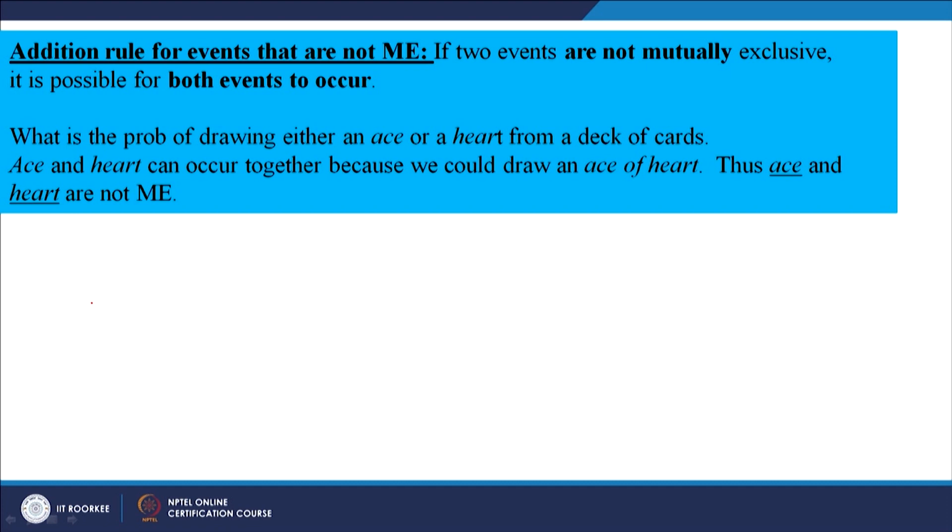Now, let us look at the addition rule for those events which are not mutually exclusive. Earlier we saw the addition rule for events which were mutually exclusive. Not mutually exclusive means both the events can occur simultaneously. Let us look at this example.